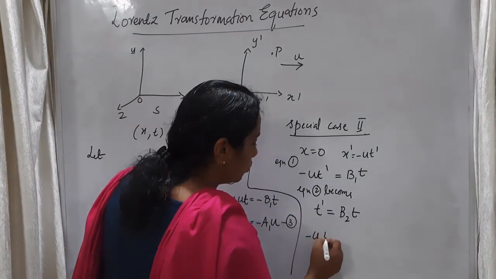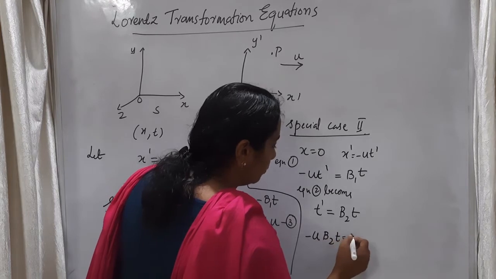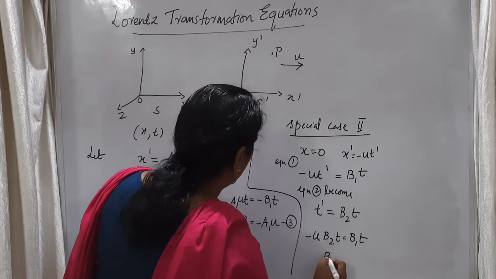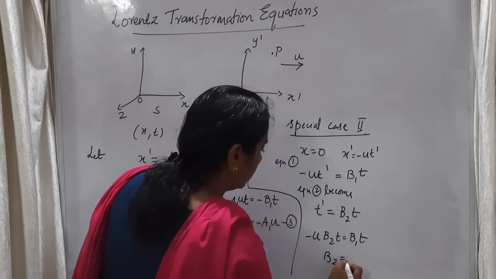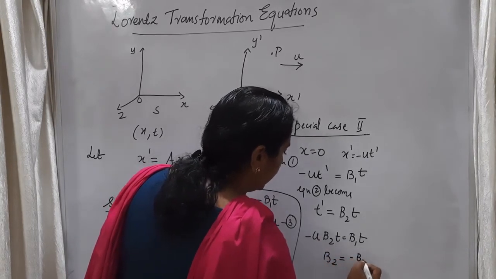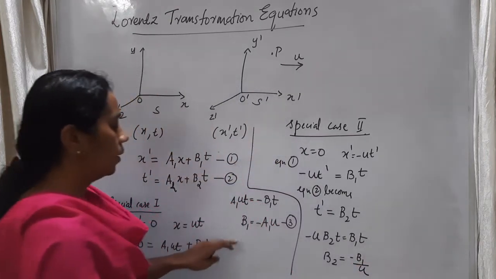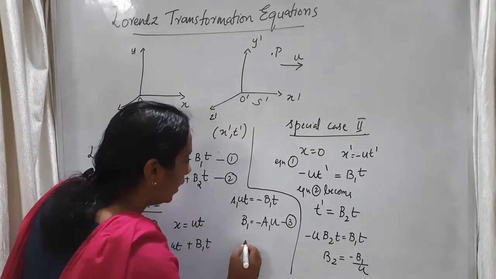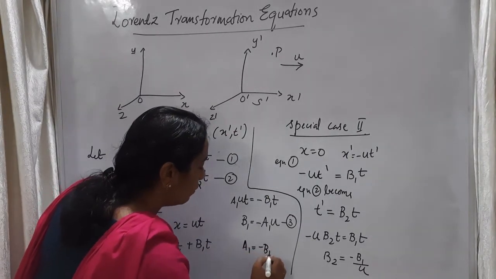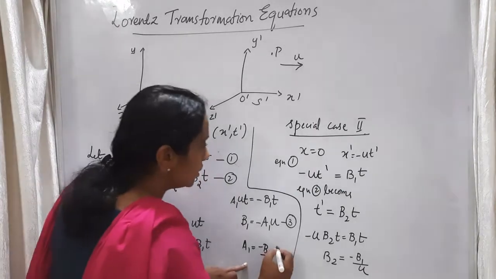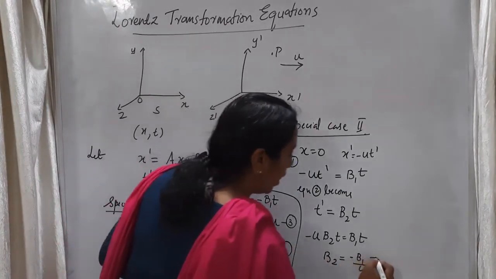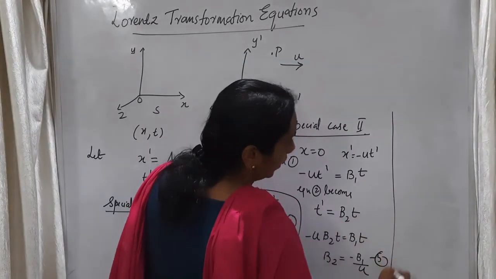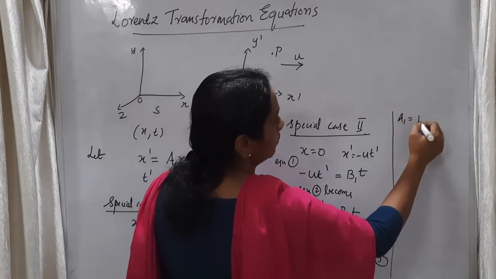Minus u into b2t is equal to b1t, or b2 is equal to minus b1 by u. Okay, so from these two equations, you can write a1 is equal to minus b1 by u. So comparing equations 4 and equation 5, you can write a1 is equal to b2. a1 will be equal to b2.